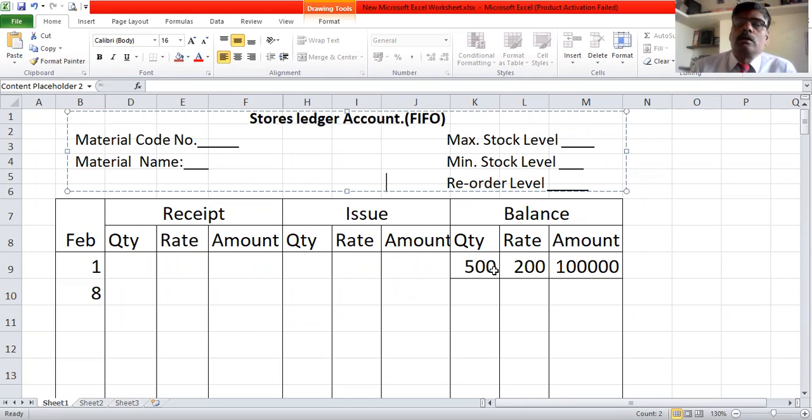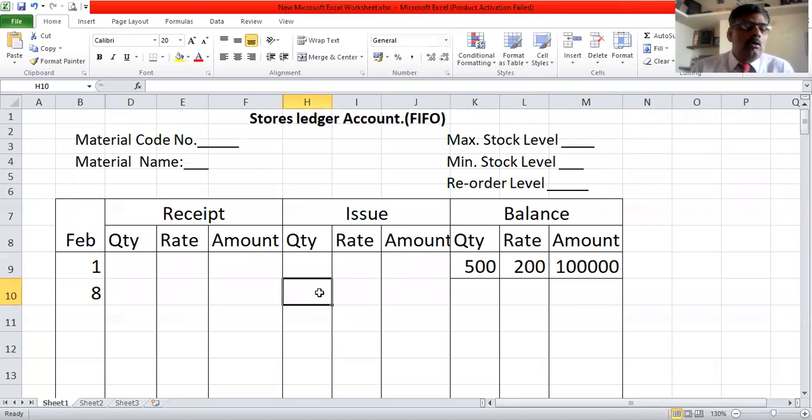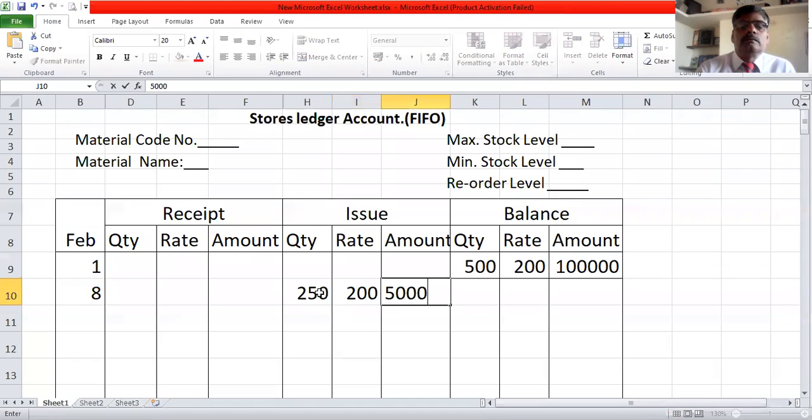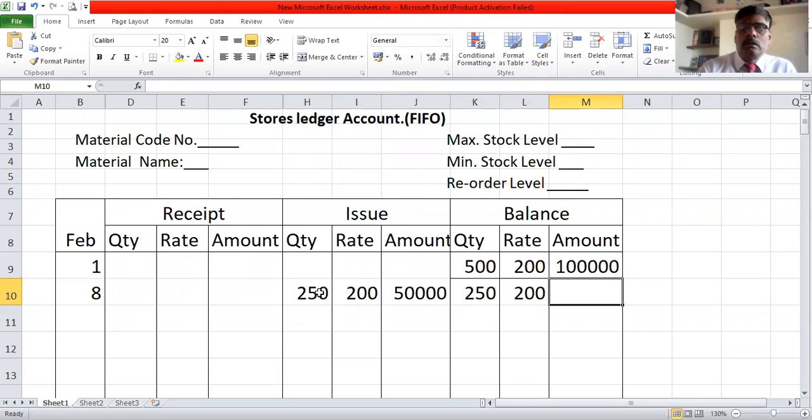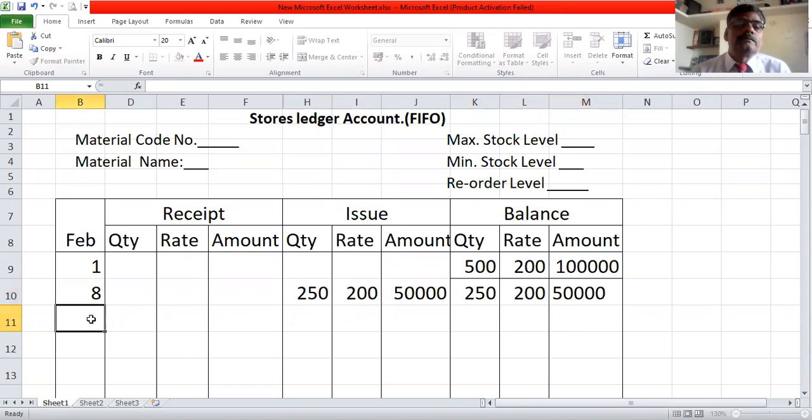Only one lot is there, therefore you take from that lot. Quantity to be issued is 250, rate is 200, and amount is 50,000. Okay, 50,000 is the issue amount. Next is balance. Out of 500, you issued 250 units. Balance is 250 units at the rate of 200, same rate. Then amount is 50,000. Okay, this is the 8th one.